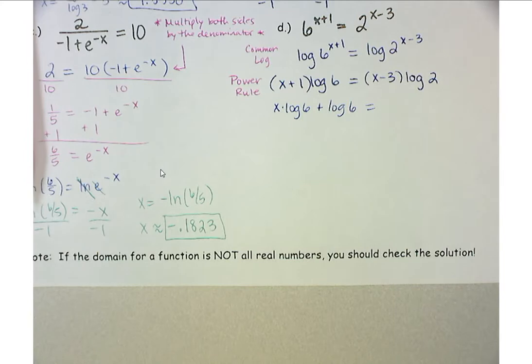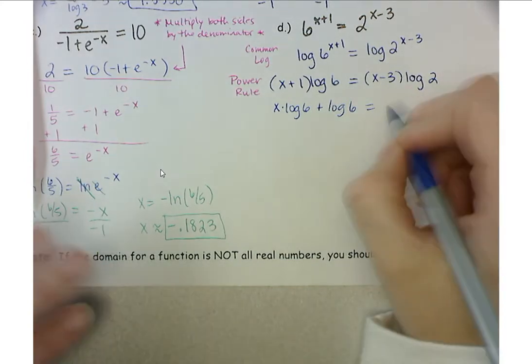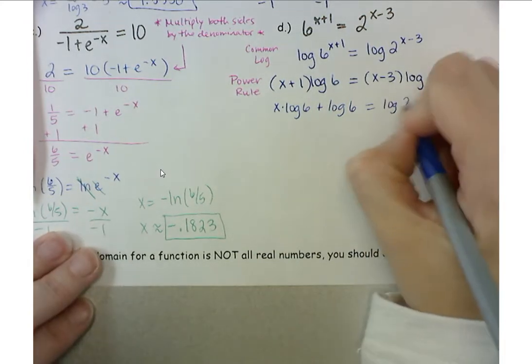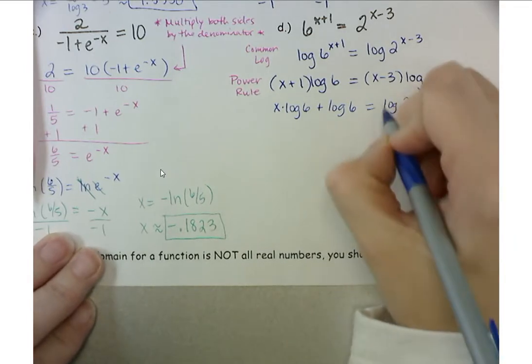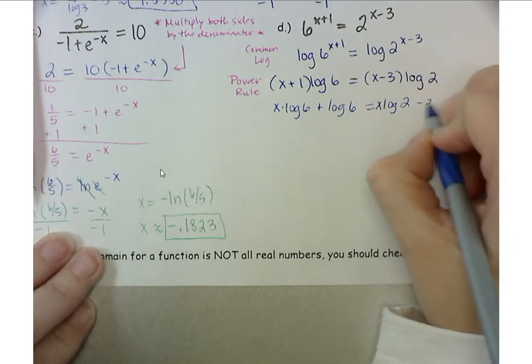And there are multiple ways to do this, which is why I want to see what you guys were thinking. So this would be x times log of 2 minus 3 times log of 2.